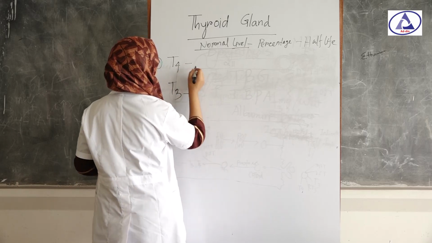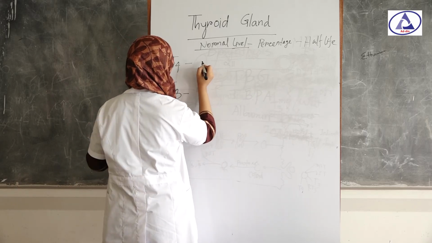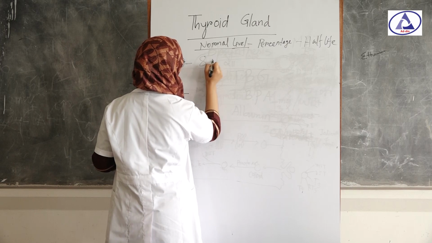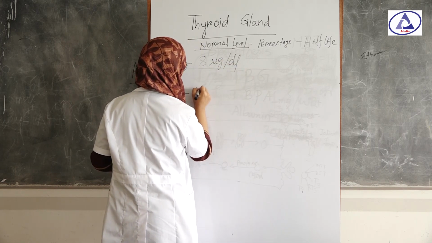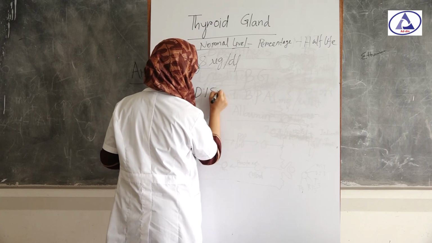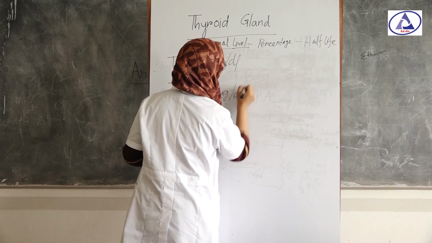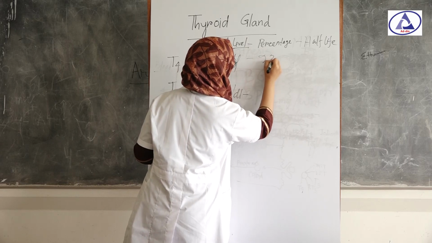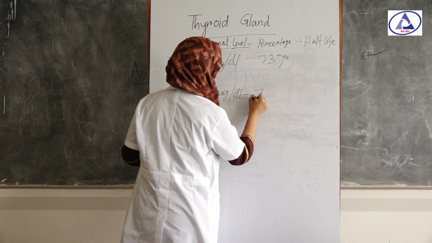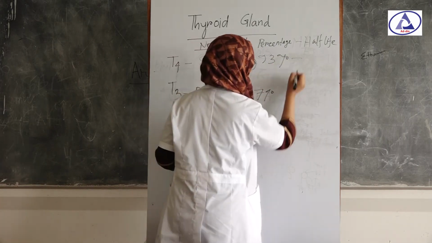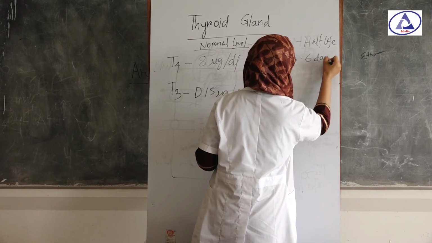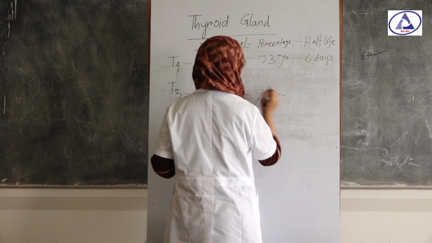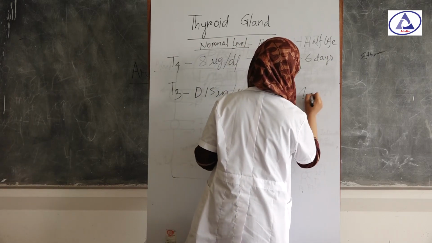Normal level of T4 is 8 microgram per dl and T3 is 0.15 microgram per dl. Percentage of T4 is 93% and T3 is 7%. Half-life of T4 is 6 days and T3 about 1 day.